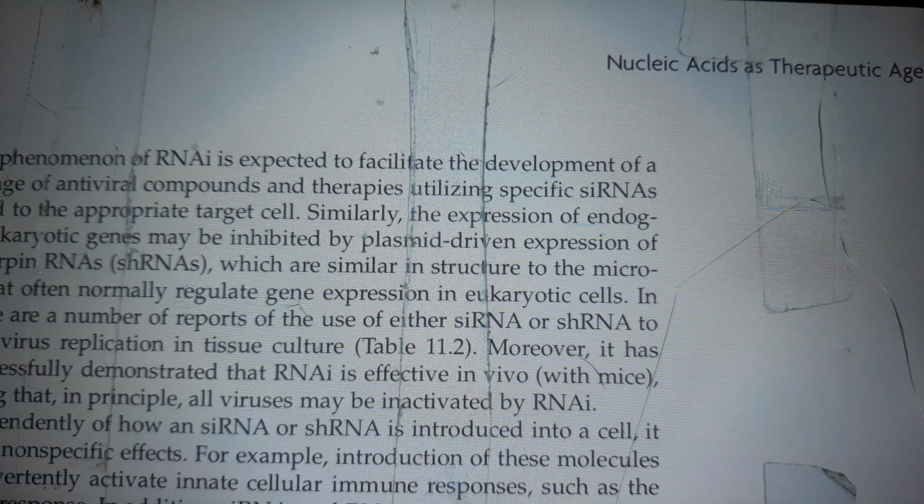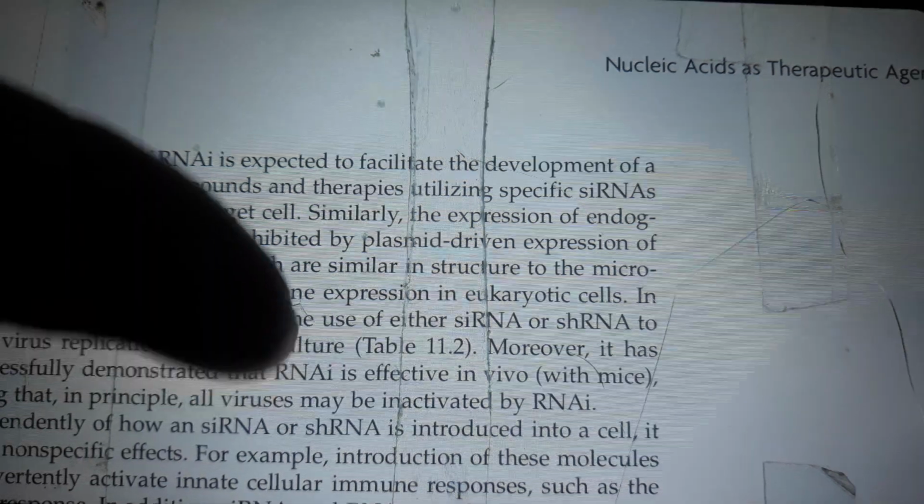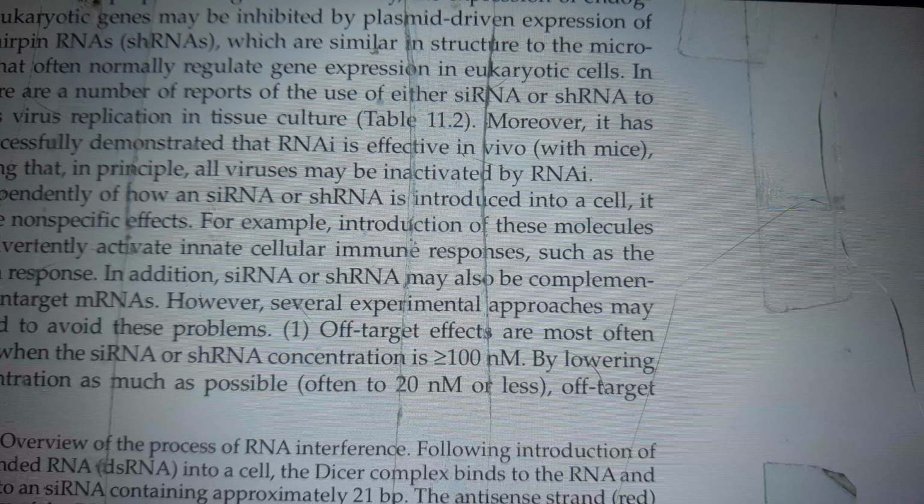Similarly, the expression of endogenous eukaryotic genes may be inhibited by a plasmid-driven expression of short-hairpin RNAs, that is, shRNAs, which are similar in structure to the microRNAs that often normally regulate gene expression in eukaryotic cells. In fact, there are a number of reports of the use of either siRNA or shRNA to suppress virus replication.